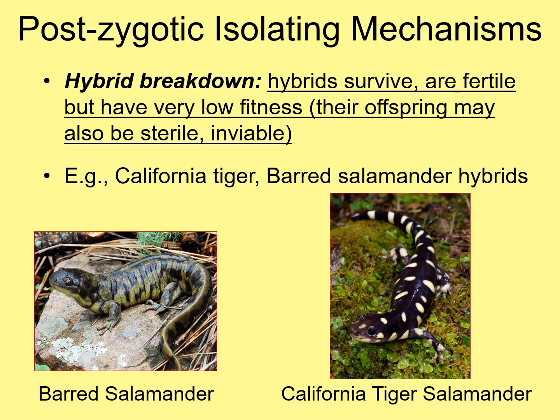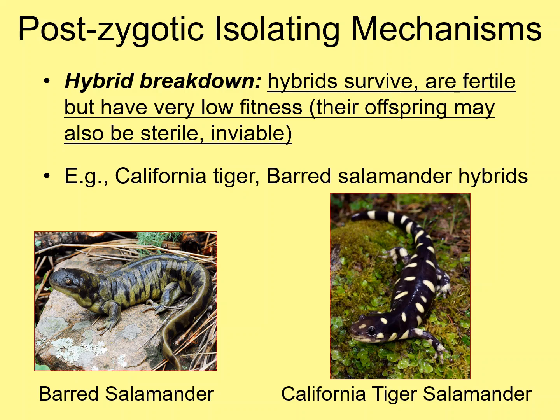It's a non-native species that was introduced, I believe, accidentally. But it's closely related enough to the California tiger salamander that they will interbreed sometimes. And unfortunately, what happens again is we have hybrids that form, and the hybrids have very low fitness. And so what this has meant for the California tiger salamander is their populations are declining, they're shrinking.